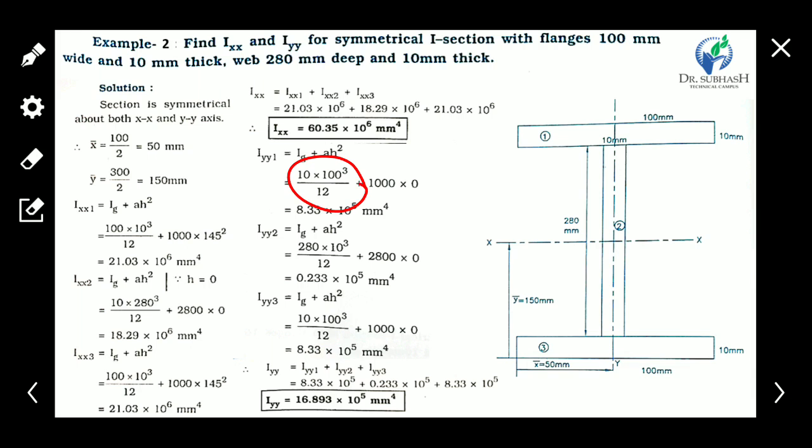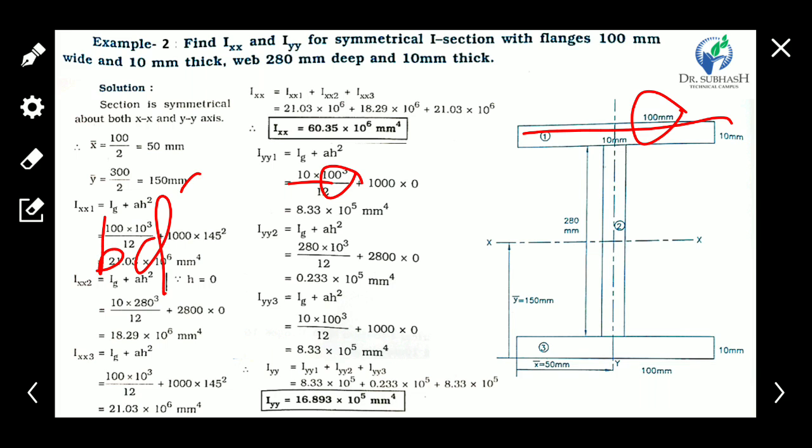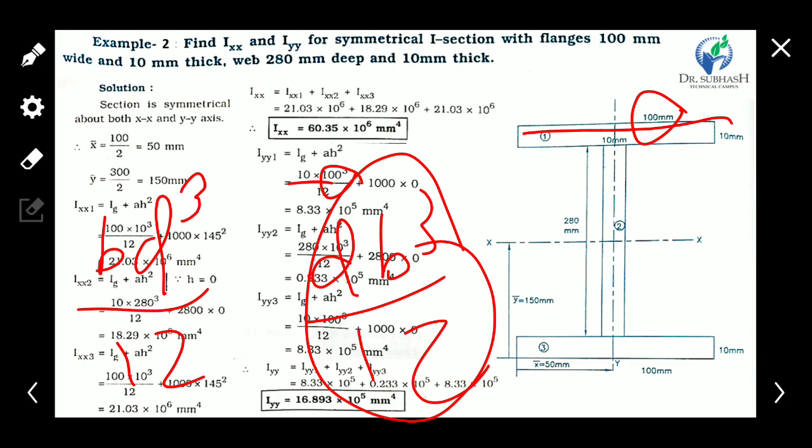So we know that now Iyy is there, so the equation becomes db cube by 12. Depth d is 10 and breadth b is 100 mm, so 100 cube by 12. For Ixx it is bd cube by 12, and for Iyy it is db cube by 12. Okay, remember that.